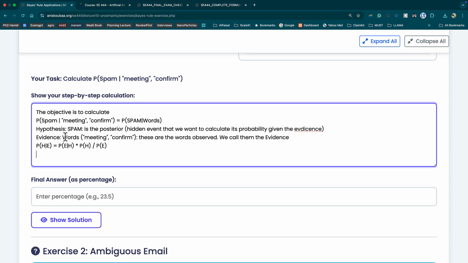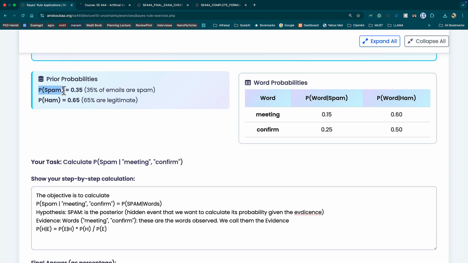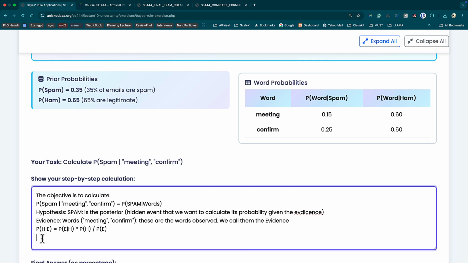So from the questions here, we have the probability P of spam, which is given. So now applying this, P of spam given words is equal to the probability of words given spam multiplied by the probability of spam divided by the probability of the evidence, which is the probability of words.